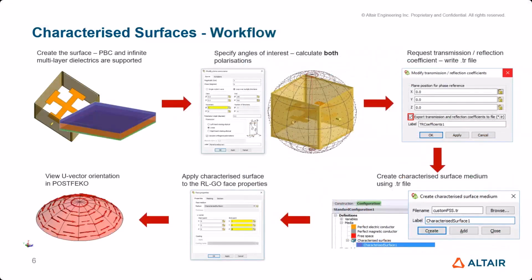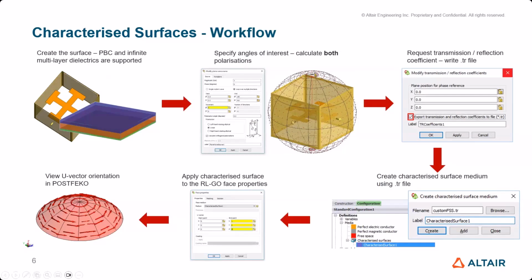Okay, here's the workflow. This is the important slide. You start here, which is what Gopi basically showed. You have either a PBC structure or an infinite multilayer dielectric structure. You calculate the TR file, or the reflection and transmission coefficients.